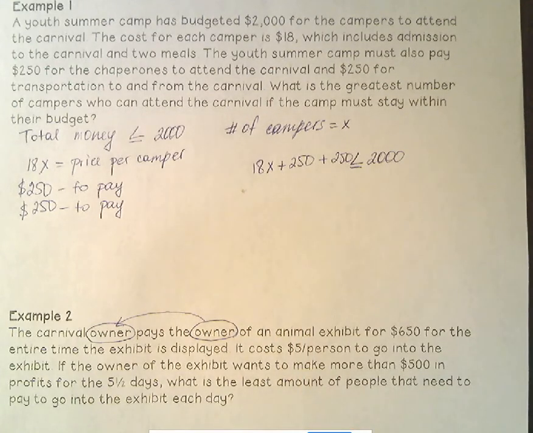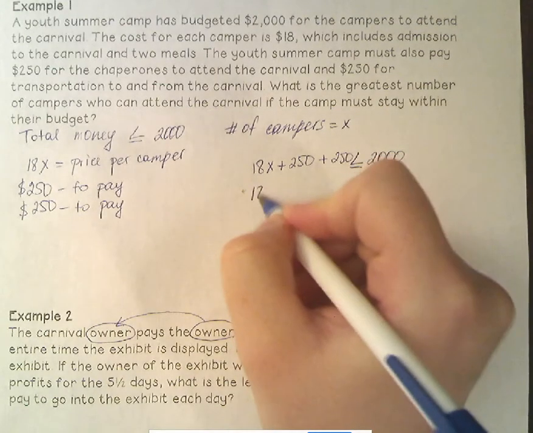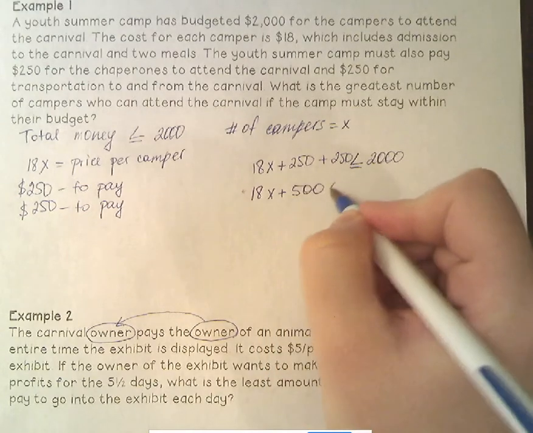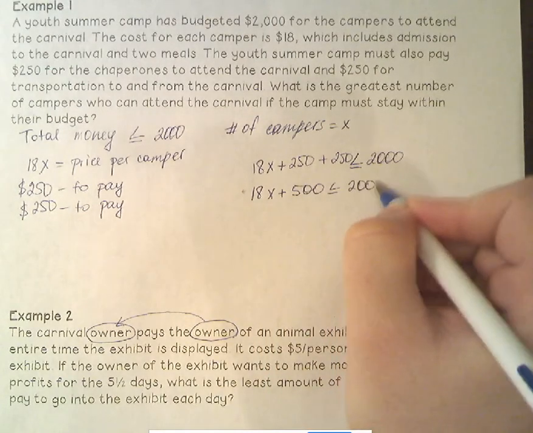So that is going to be addition, not a subtraction, because that has to be within our budget. We cannot exceed it. Before it was a different situation. All right, so here I have 18x plus 500 is less than or equal to 2000.